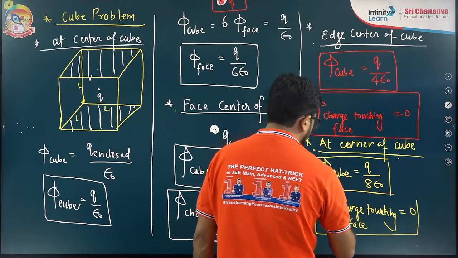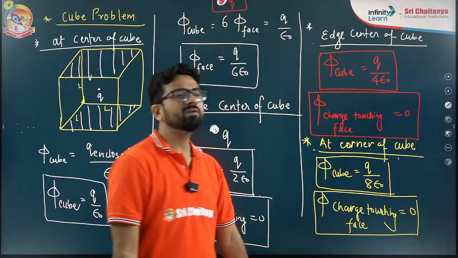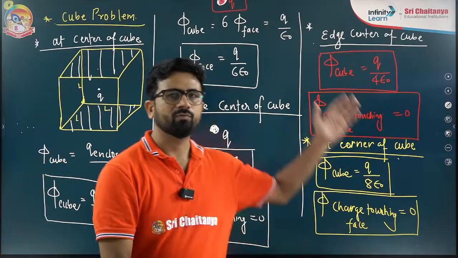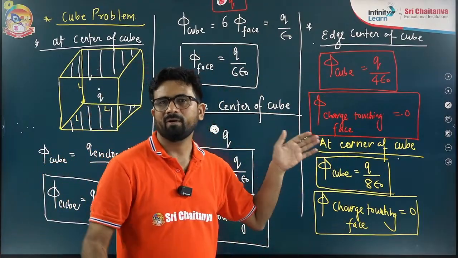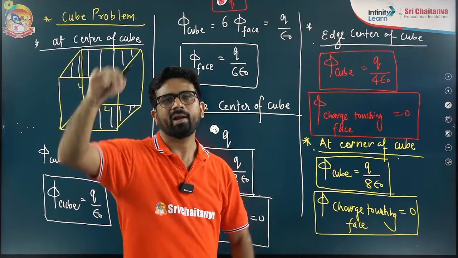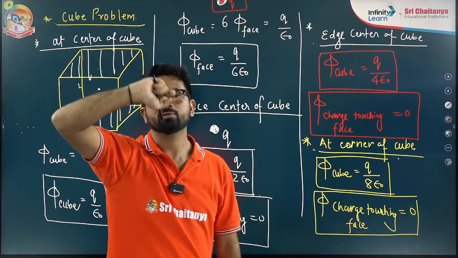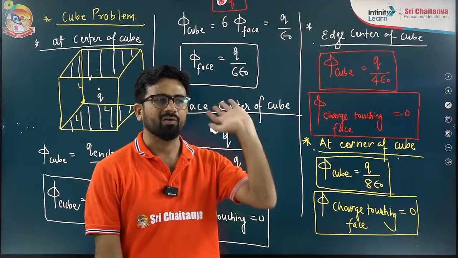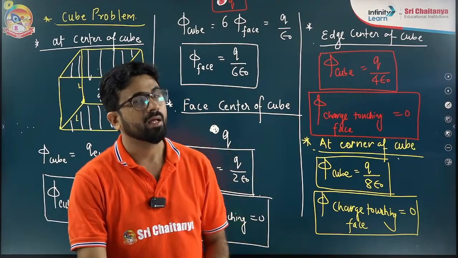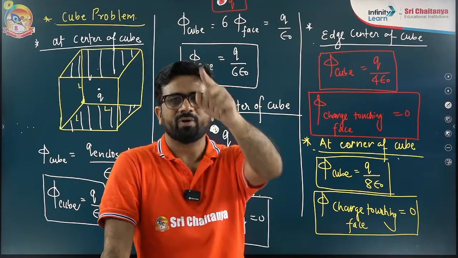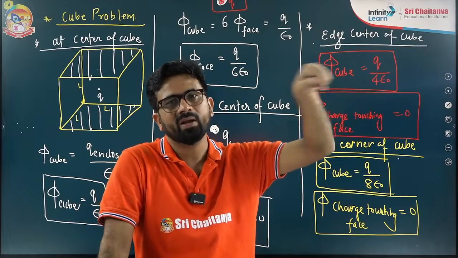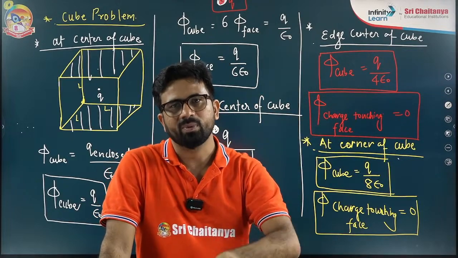That is a very basic thing we can say. But how many faces is the charge touching? This wall is touching, this front wall, this side wall is also touching, and this ceiling is also touching. So 3 walls are there, that is gone. How many walls are remaining? 3, because total are 6. So the front wall is remaining, this side wall is remaining, and this bottom is remaining. That means this floor is remaining.